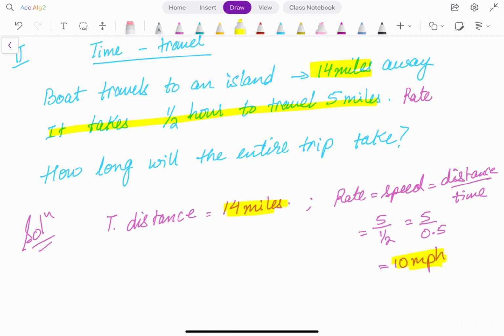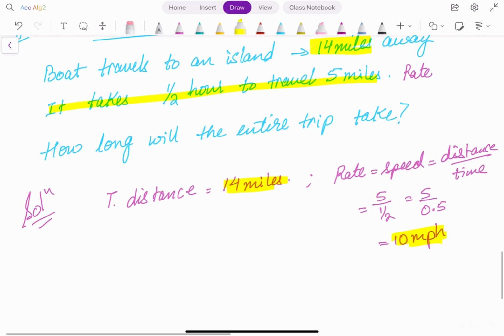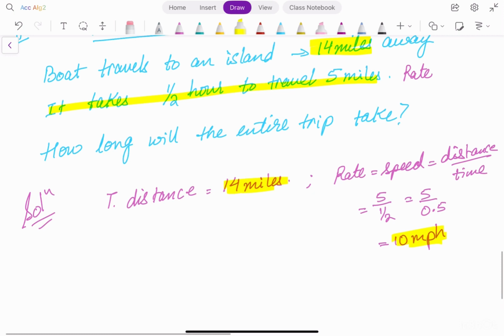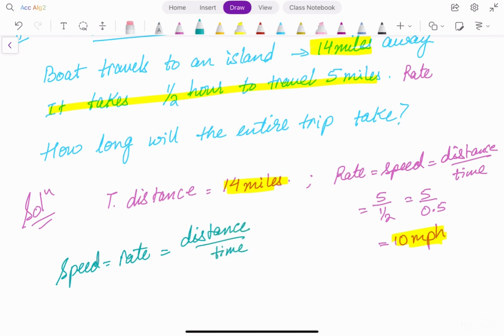Now with these two pieces of information, let's calculate the time needed for the boat to travel the entire trip. So we can write speed is nothing but distance over time. Speed is 10, which we just calculated.